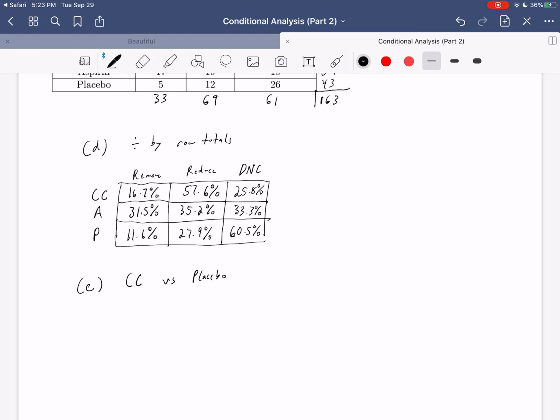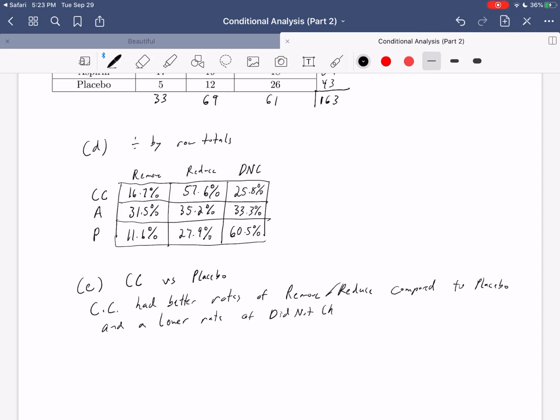So we can basically say Cheapo Comfort had better rates of remove/reduce compared to placebo and a lower rate of did not change. So Cheapo Comfort seems to work.